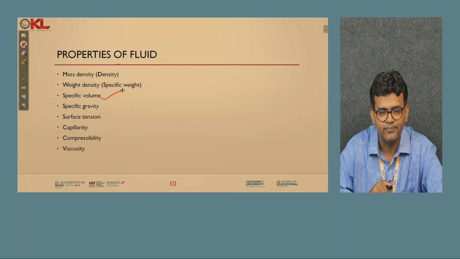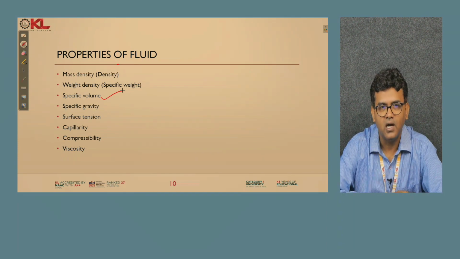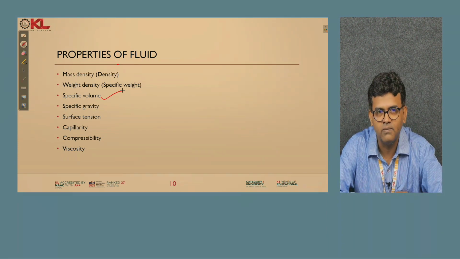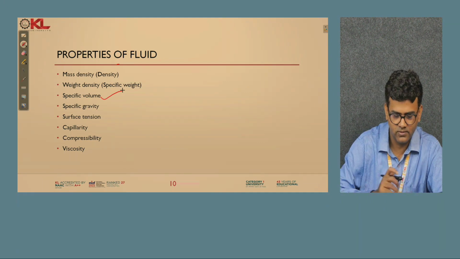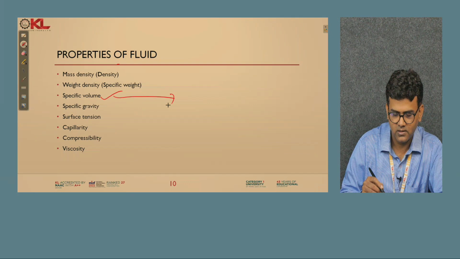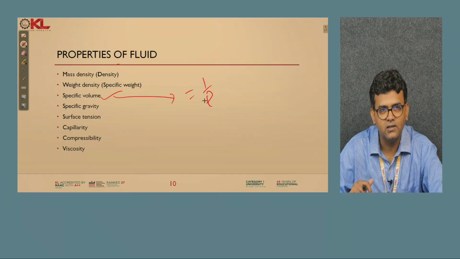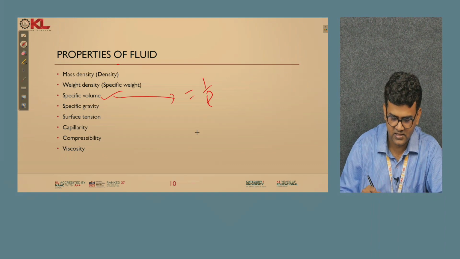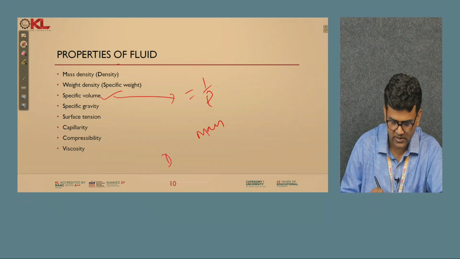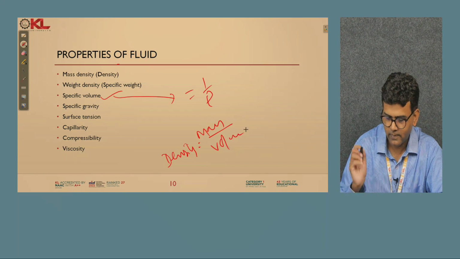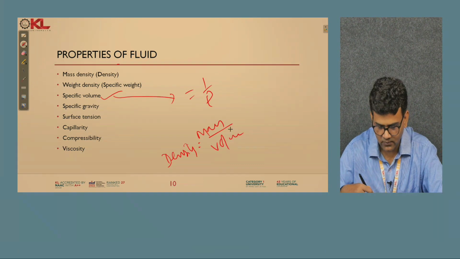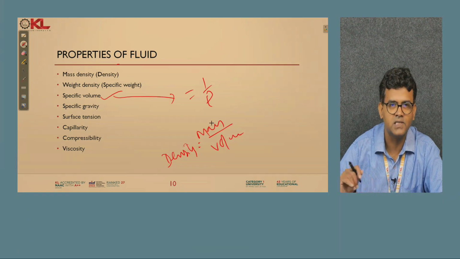Simply, it is 1 upon rho. If you define the density, it is mass upon volume. So volume upon mass, that is, the volume per unit mass, is called the specific volume.